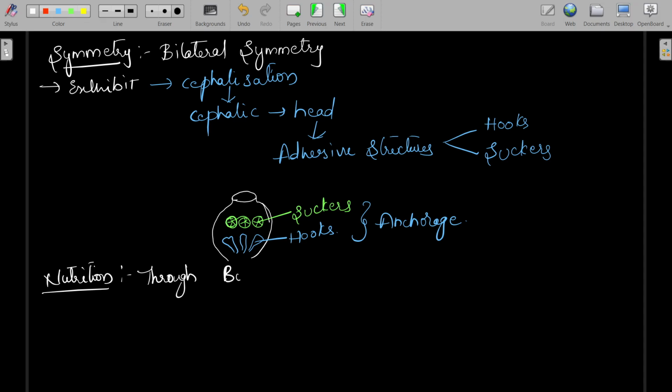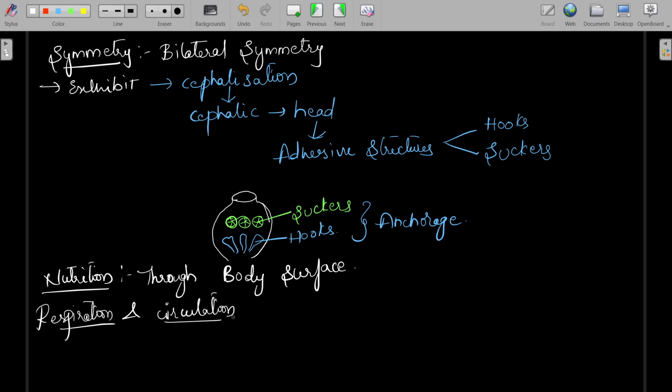Next, respiration and circulation. As we know, the respiratory and circulatory organs are absent in platyhelminths. So there is no respiration and circulation taking place in these organisms.